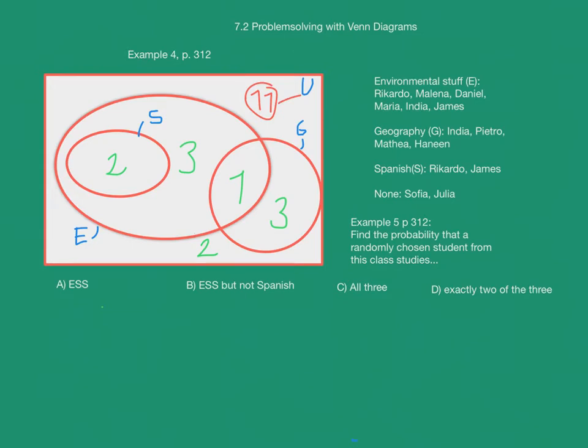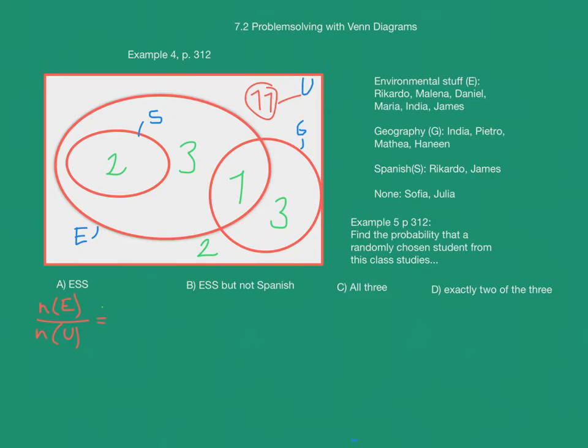And we want to find the probability that someone studies ESS, and that would be the number of students that study ESS divided by the number of students in the universal set.